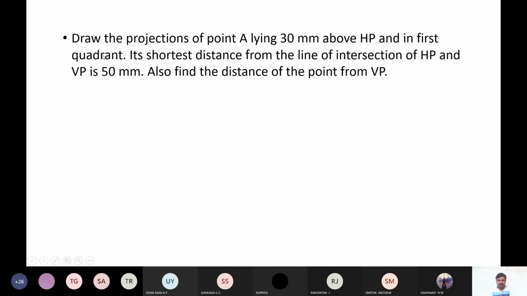But they have given a hint: in first quadrant. So, point A lying 30 mm above HP in first quadrant means what is the position of A with respect to VP, whether it is in front or behind if it is first quadrant?